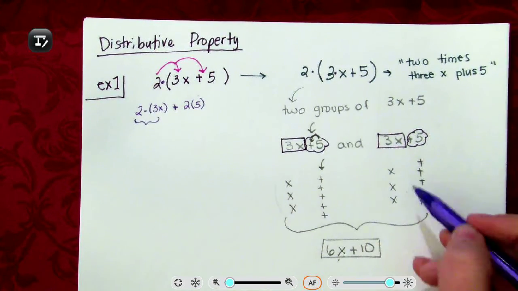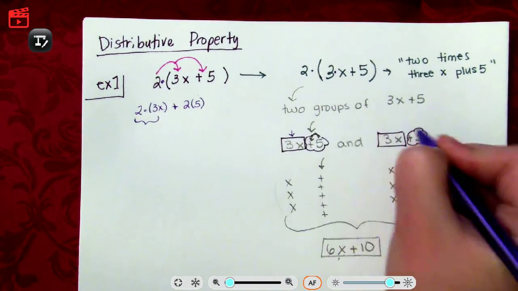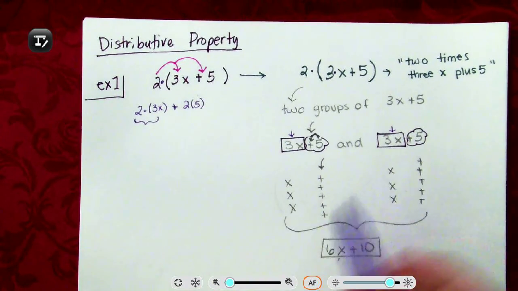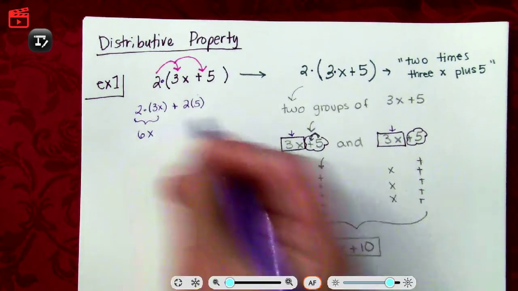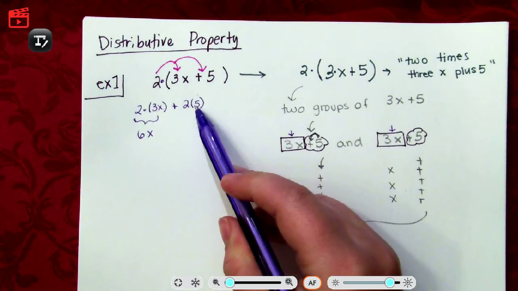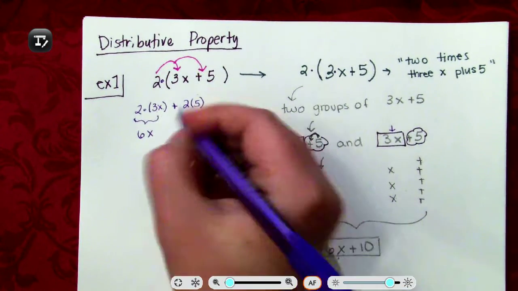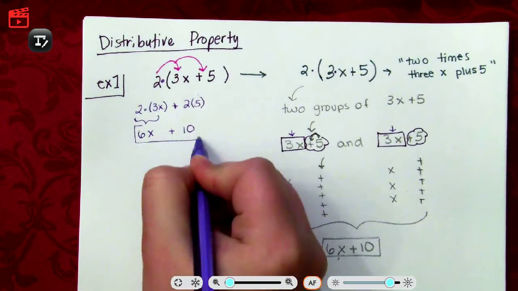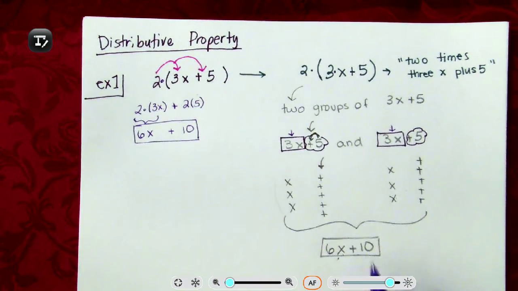If I have 2 groups of 3x, I got 6x. And if I have 2 groups of 5 positives, I'm going to get a total of 10 positives. And you have what you've got here.